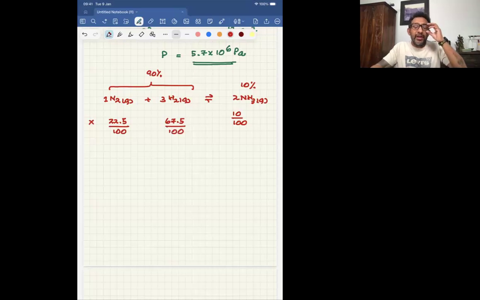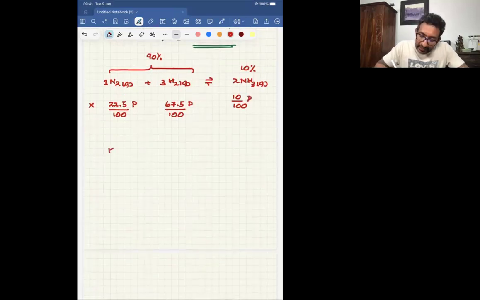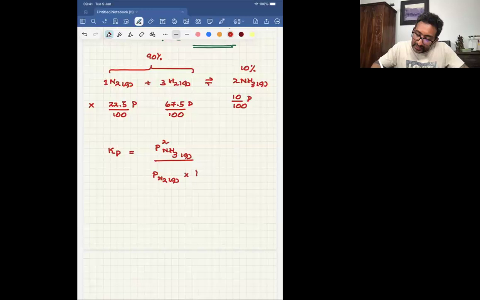If the molar fractions are there, you know this is the pressure, this is the pressure, this is the pressure. And you can get to Kp. Kp is equal to partial pressure of ammonia squared, divided by partial pressure of nitrogen gas, times partial pressure of hydrogen to the power 3.